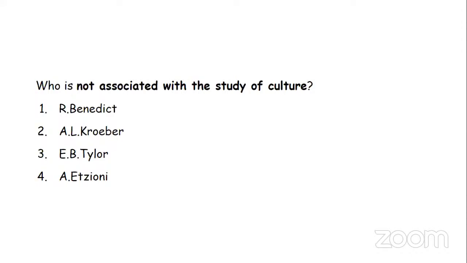Now, next question. Who is not associated with the study of culture? Among these four options, which thinker is not associated with the study of culture? The options are R. Benedict, A. L. Kroeber, E. B. Taylor, and A. Etzioni. Among these, three thinkers are associated with the study of culture and one is not.